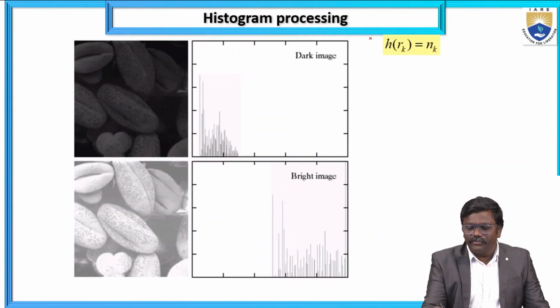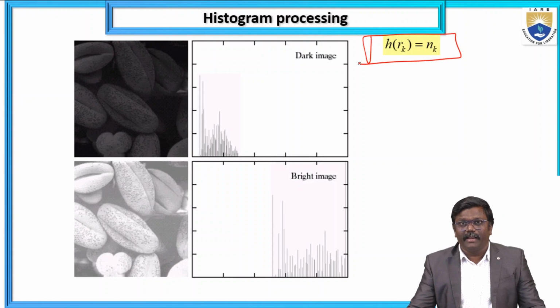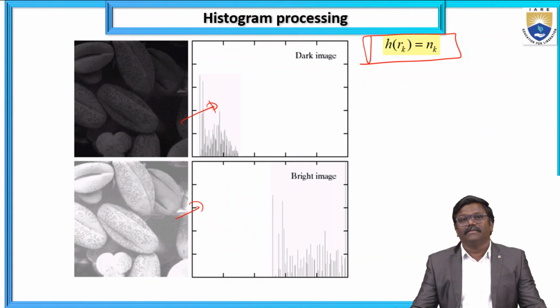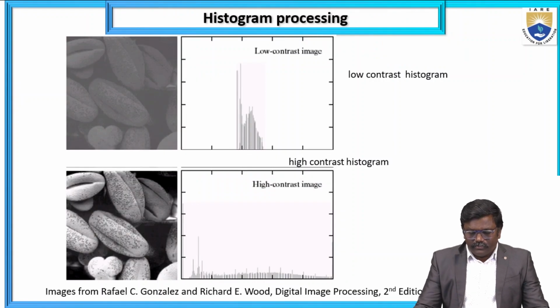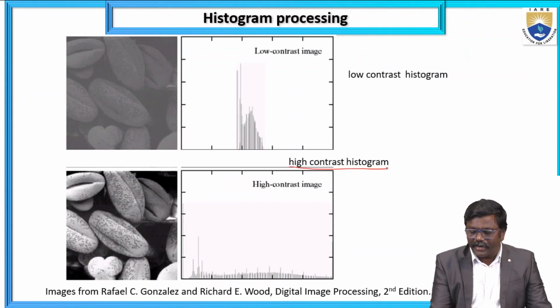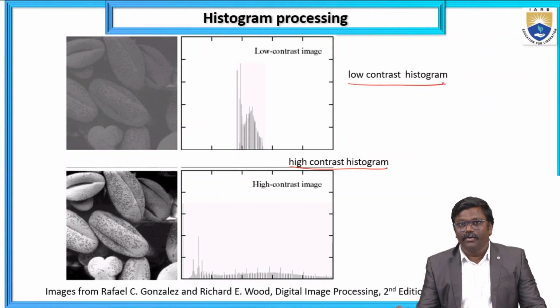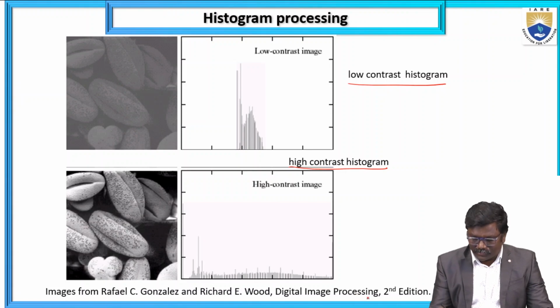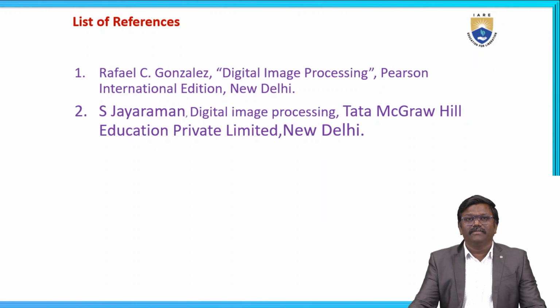Once we use such equalization in the mathematical analysis of the digital image, you convert the dark image and bright image as required. This histogram is more useful for improving the contrast of an image. This is about high contrast or low contrast histograms, referred from our reference textbook, which I may be showing here.